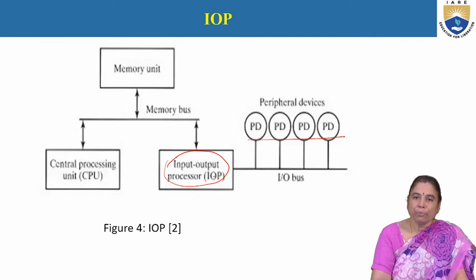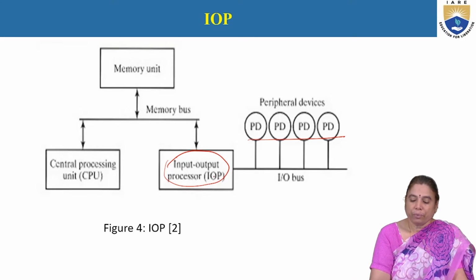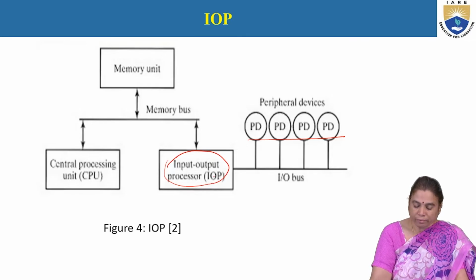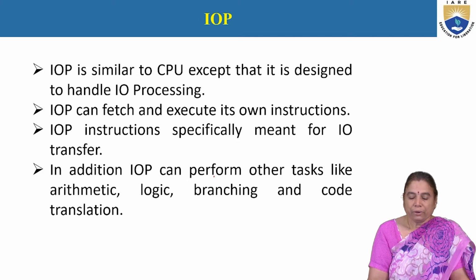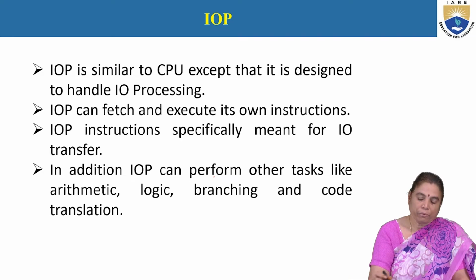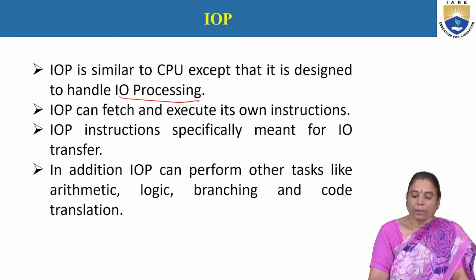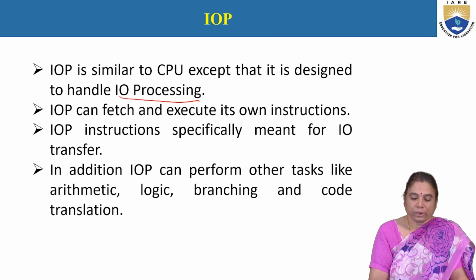So the IOP behaves like a CPU and can be involved to control the peripheral devices. The IOP is similar to the CPU except that it is designed to handle IO processing. The IOP can fetch and execute its own instructions.